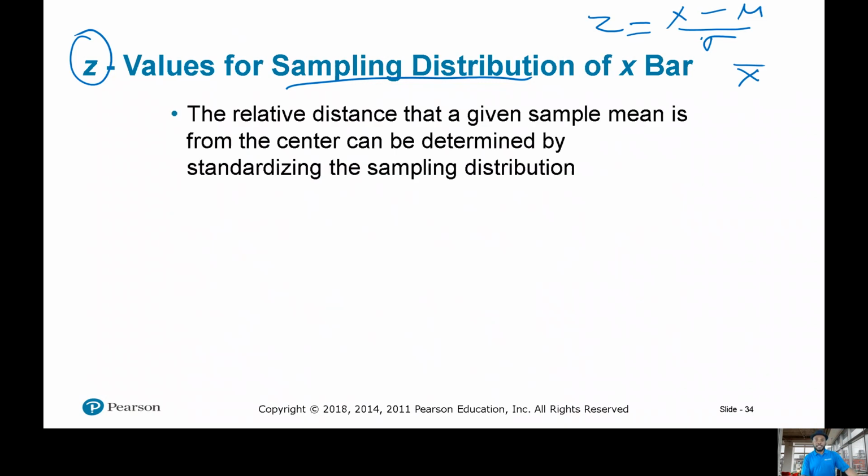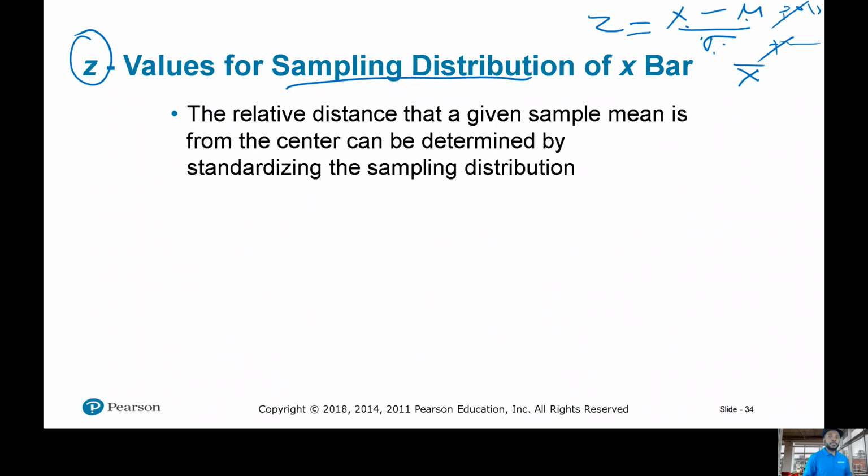The relative distance that a given sample mean is from the center can be determined by standardizing the sampling distribution. Remember that the z-score has no unit, it's unitless, because if the units above were, let's say, points, and the units of standard deviation, which is the same unit as the mean, are also points, that would cancel itself.